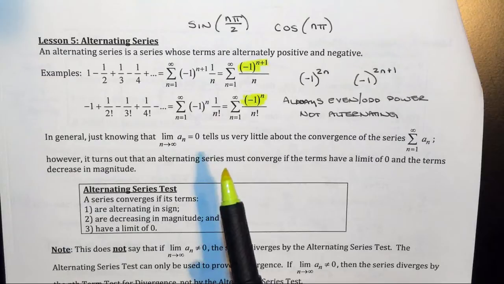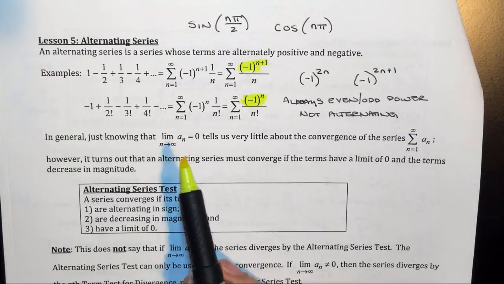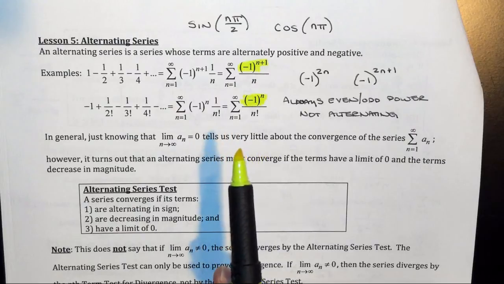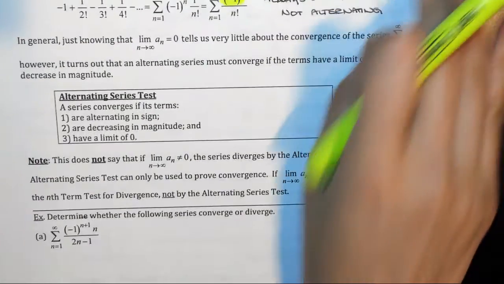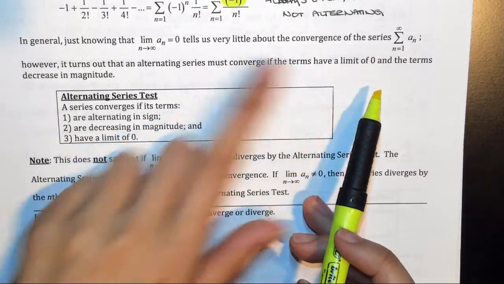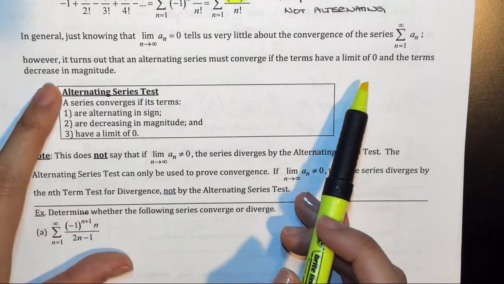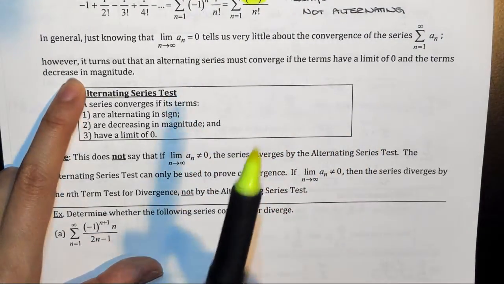And I said if the limit does equal 0, then it doesn't really do anything, like you have to do another test. Well, in alternating series, if the limit equals 0, and it's alternating and the terms are getting smaller, then it's going to converge.